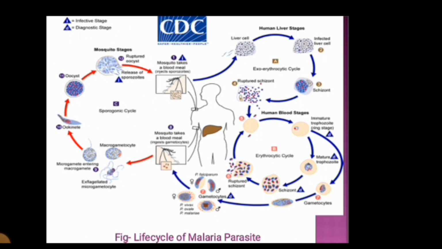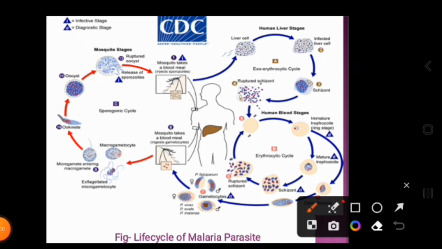The oocyst contains various sporozoites. Once the oocyst bursts, it releases sporozoites, and these enter the mosquito's salivary gland. When the mosquito again takes a blood meal from a healthy human, it injects these sporozoites into the human body. Thus the cycle continues in nature.